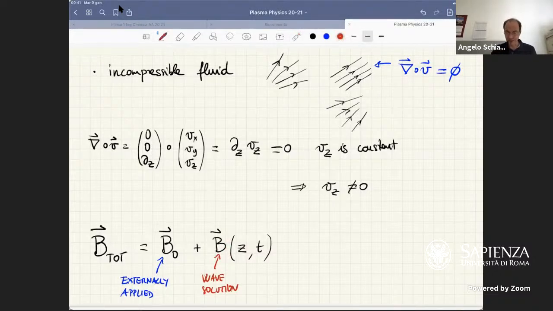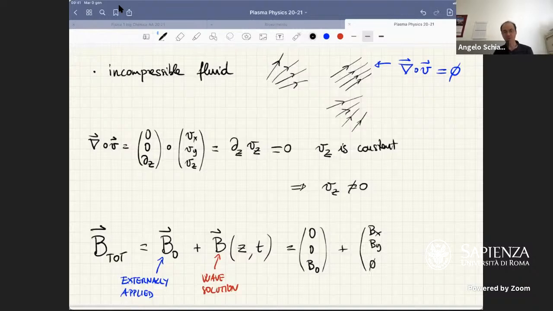And let's write it in components. Then we have that the external applied magnetic field in our frame of reference, which is directed along B0, has just the Z component corresponding to the external applied field and is constant, plus a solution that for us is going to be Bx, By.